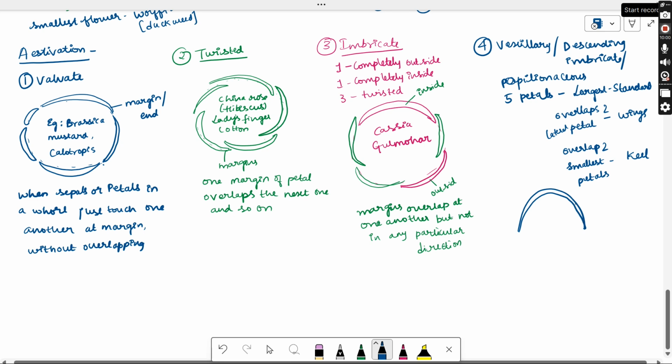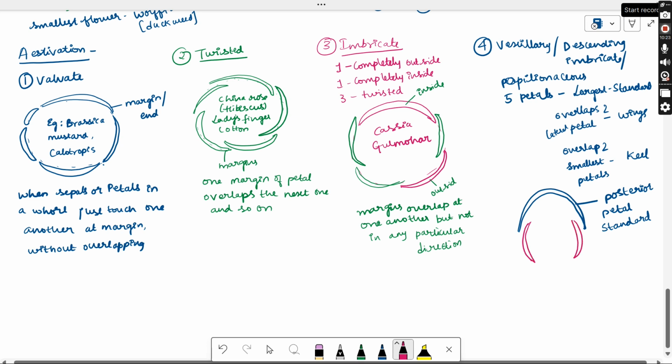This largest petal which is present at the posterior side is also called the posterior petal. The largest one, it is overlapping the two lateral petals, and this is called the standard. And two will be present, so this is covering the two more petals.